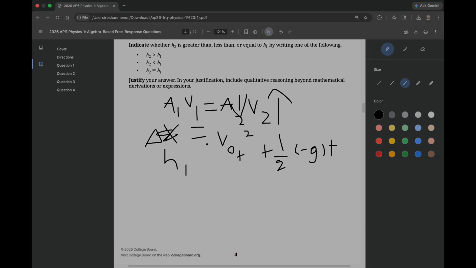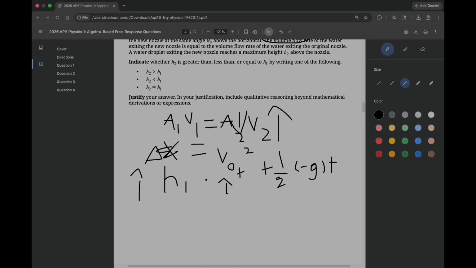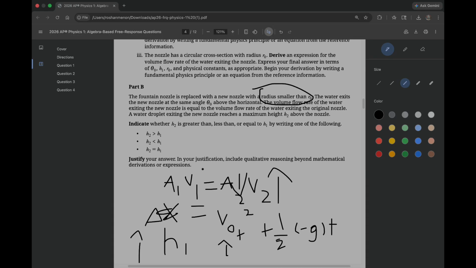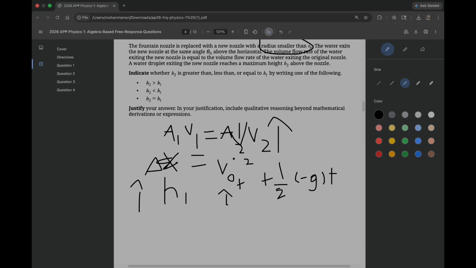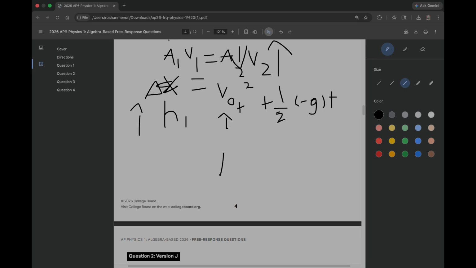So basically, the higher the initial velocity, so the higher the velocity, the higher the height. They have a positive correlation. That means, basically, since we're lowering the radius, h2 has to be greater than h1.